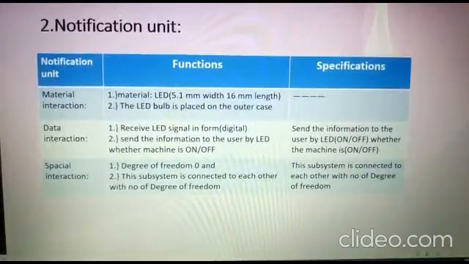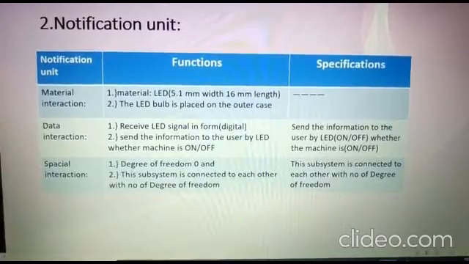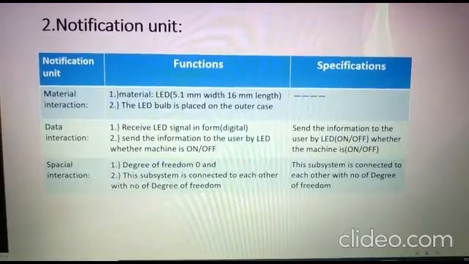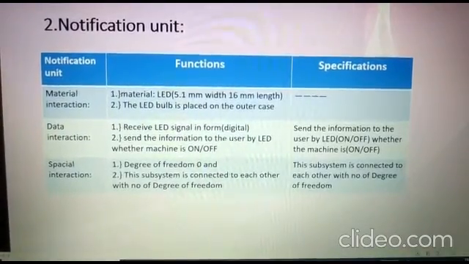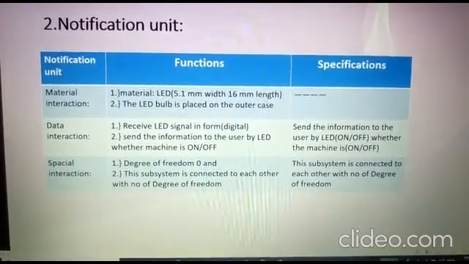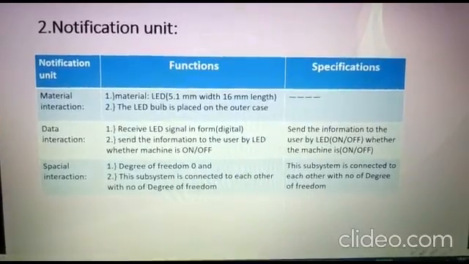Its specification is to send the information to the user by LED on or off. Third, notification unit spatial interaction. Degree of freedom must be 0 and this subsystem is connected to the others with no other degree of freedom. Its specification is that this system is connected to the others with no degree of freedom.